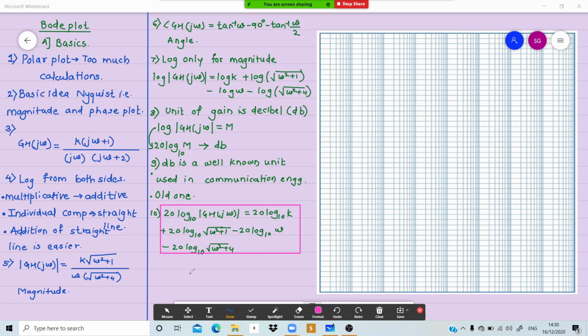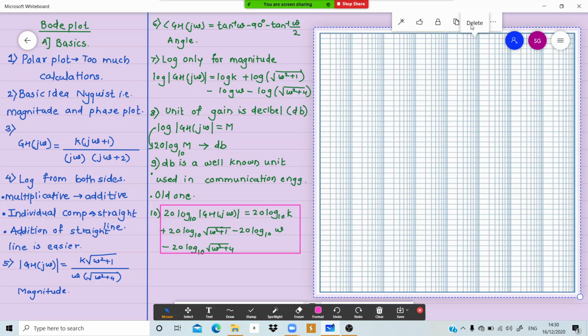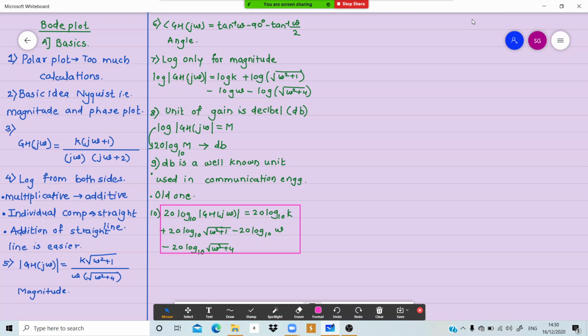Let me remove this paper first. On the next slide I'll put that, because this is the paper on which we are going to plot the Bode plot.